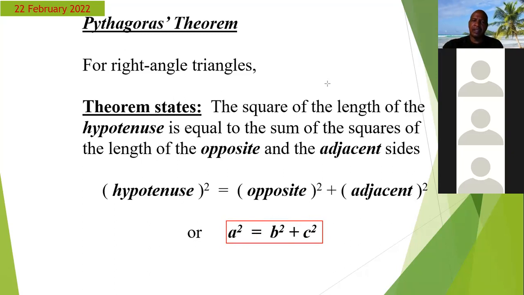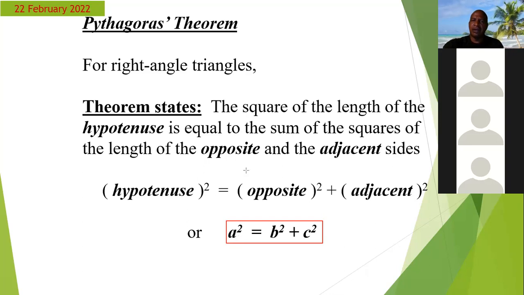So here where we write it out in the form of the hypotenuse, what it tells you is that the hypotenuse we know is the longest side. So it must always be the side that starts the formula, right?